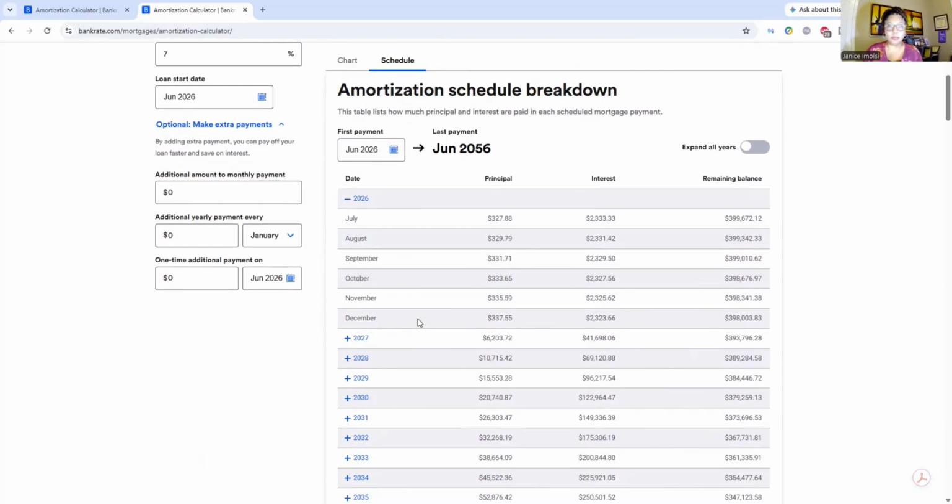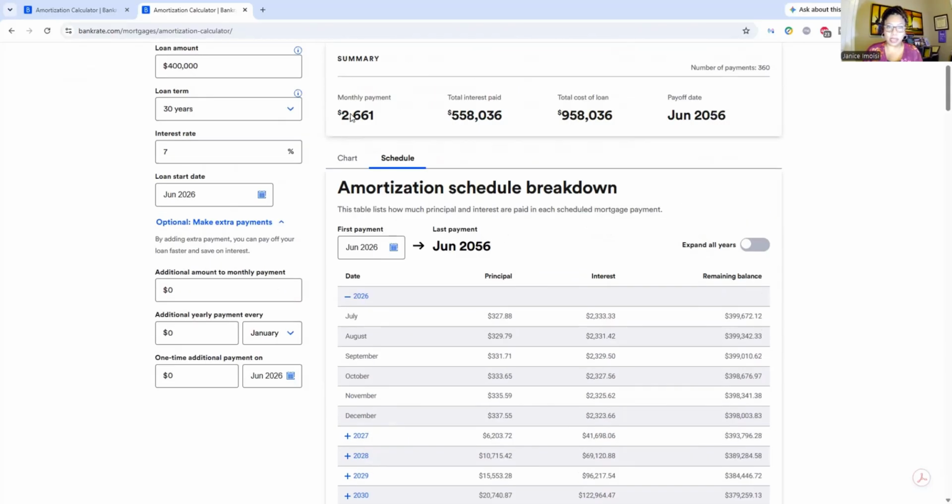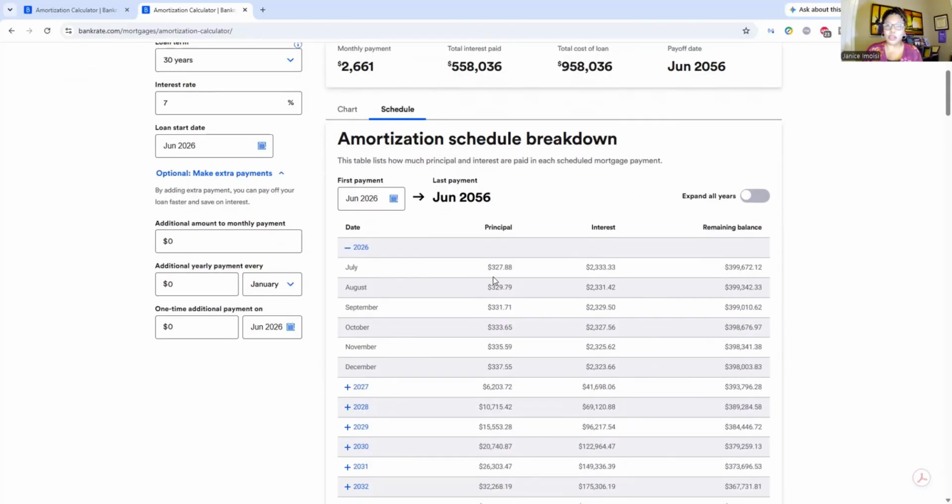Look at this, y'all. So in July, you're actually applying $327.88 out of $2,667 towards principal, and $2,333.33 towards interest.